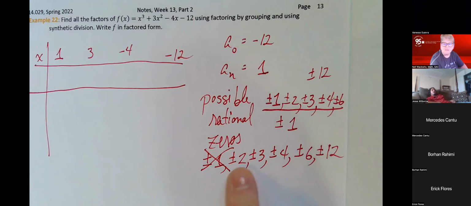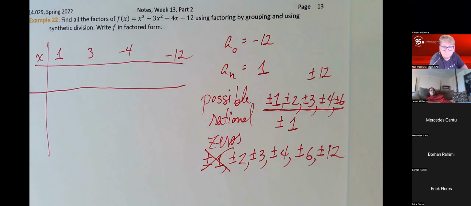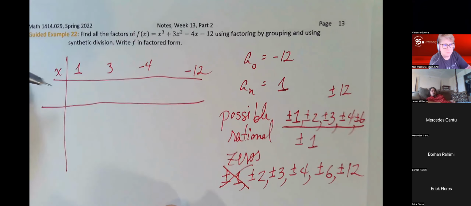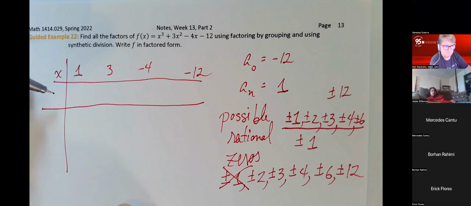So in this long list, what do you want to try next? So it'd be the positive or -2. Okay, which one? Let's go with positive.